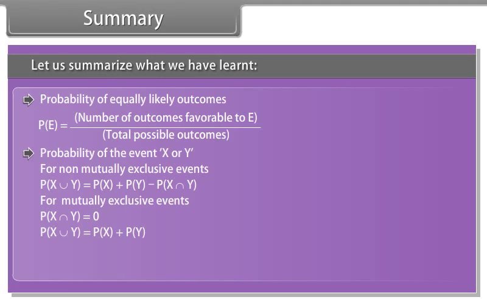For mutually exclusive events, P(X intersection Y) is equal to 0, so P(X union Y) is equal to PX plus PY. Probability of the event not X. PX dash is equal to P(not X) is equal to 1 minus PX.